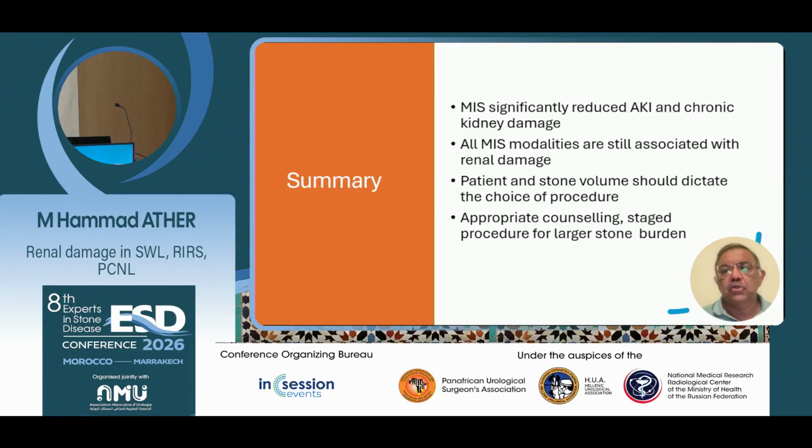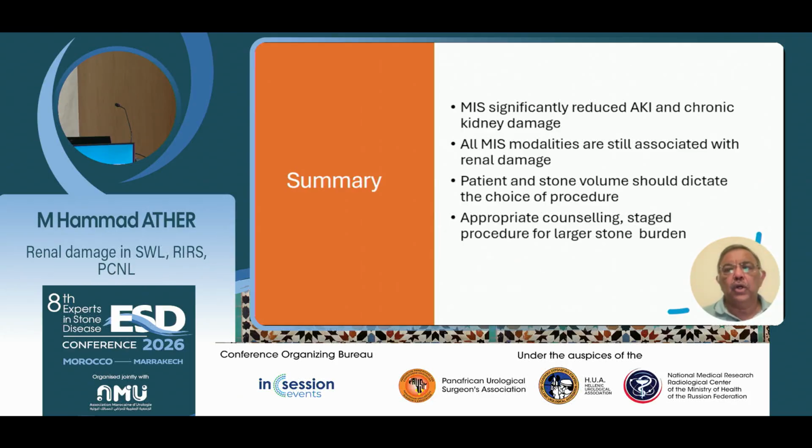However, we need to be careful that we do not exceed the time limits and cause injury to the kidney. All MIS modalities can potentially cause damage, which is frequently, unfortunately, often short-term, but it could be a long-term consequence as well with subsequent development of kidney dysfunction.